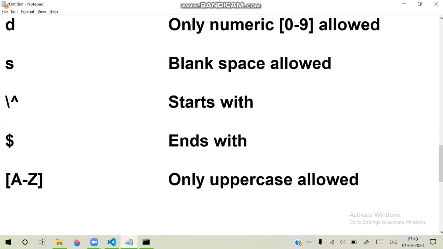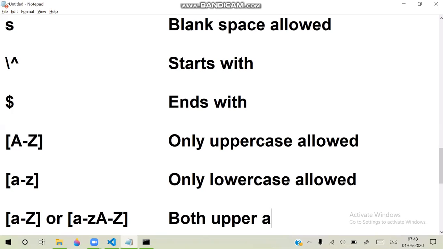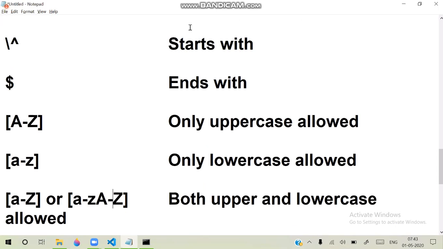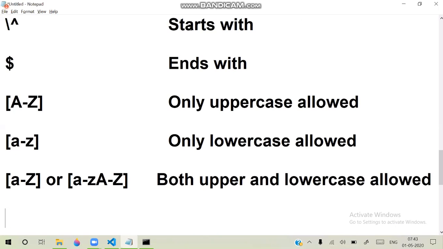If I write A hyphen Z and a hyphen z together, this indicates both upper and lowercase allowed.